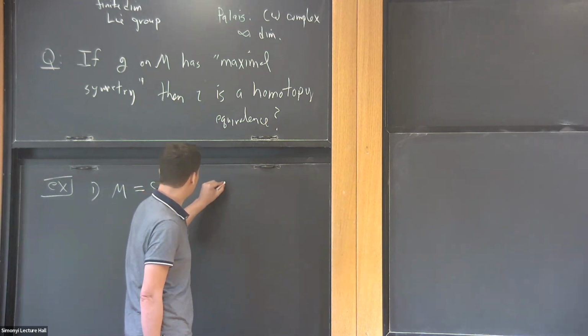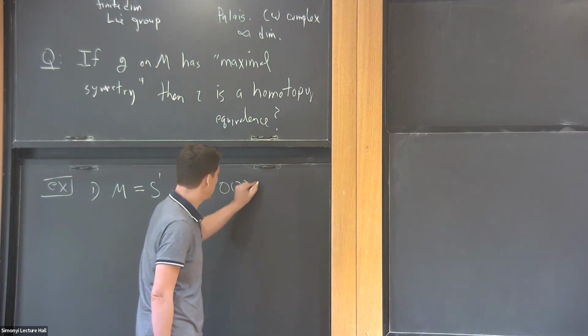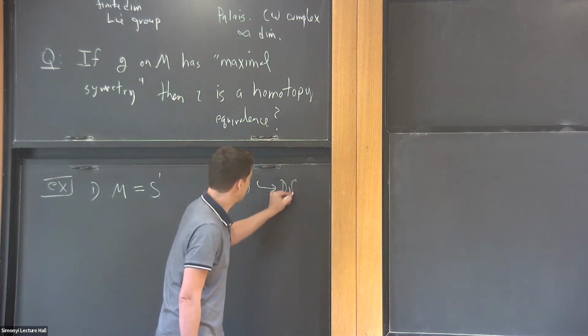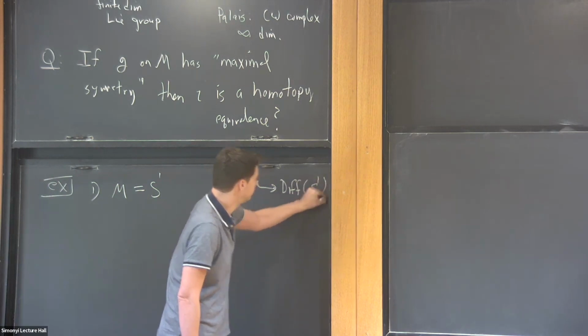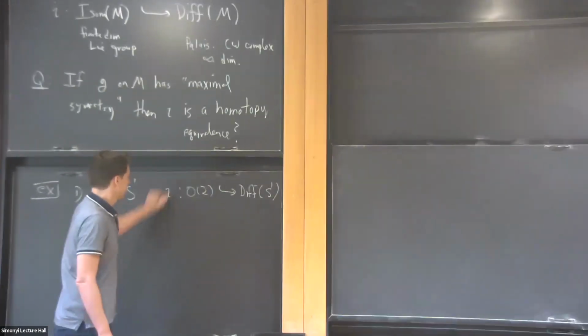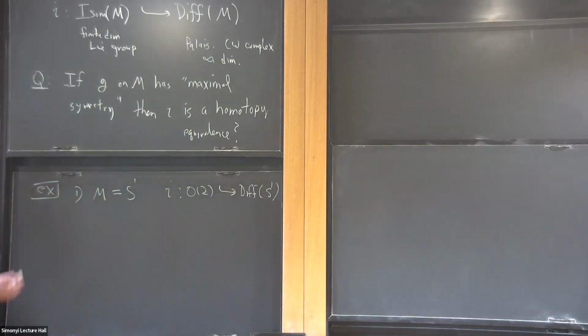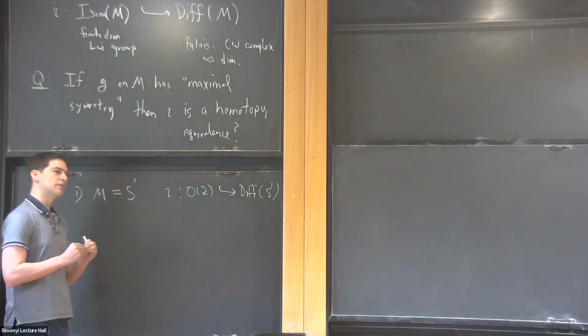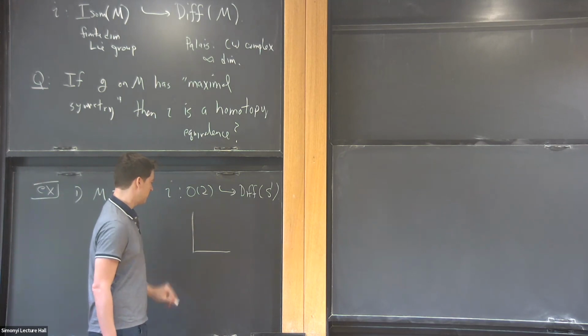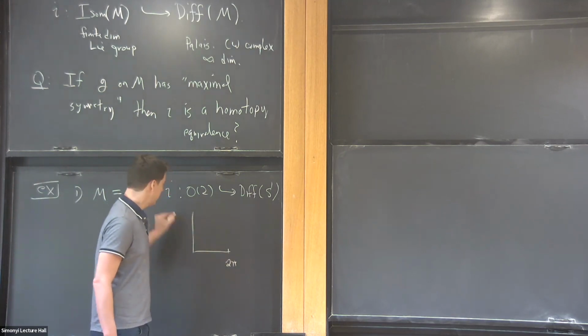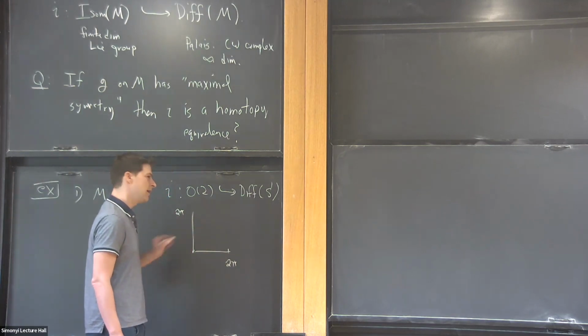The isometry group there is just O(2), of rotations, sitting inside the diffeomorphism group of S1. One way to think about this: imagine you have a diffeomorphism of S1 which fixes one point as a first case. Here's 2 pi, here's 2 pi. Say it fixes some point.